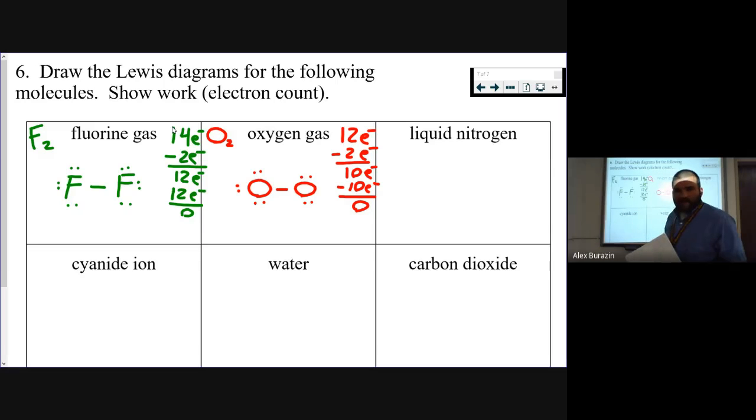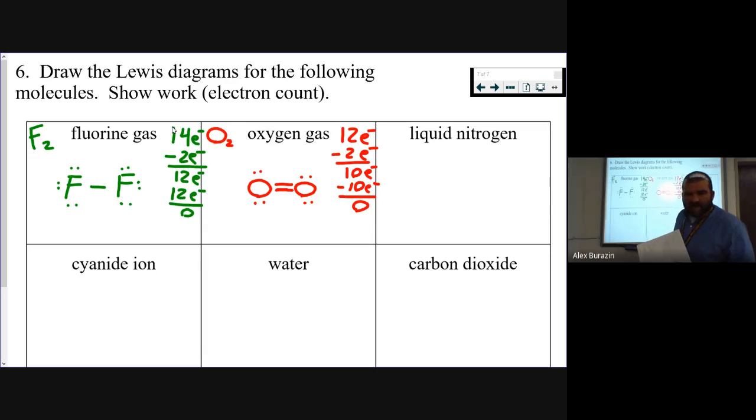The left-hand one has 8, the right-hand one has 6. We need more electrons to count for the right oxygen, or the oxygen on the right of my molecule. What I'm going to do is I'm going to take this lone pair right there, and I'm going to change that into another bond. Okay.